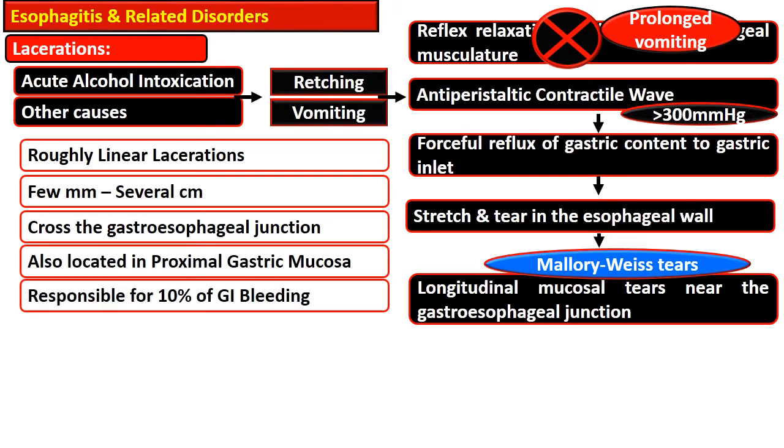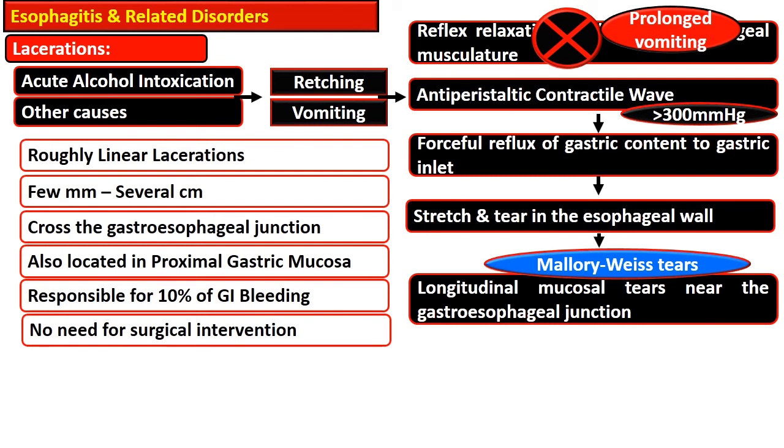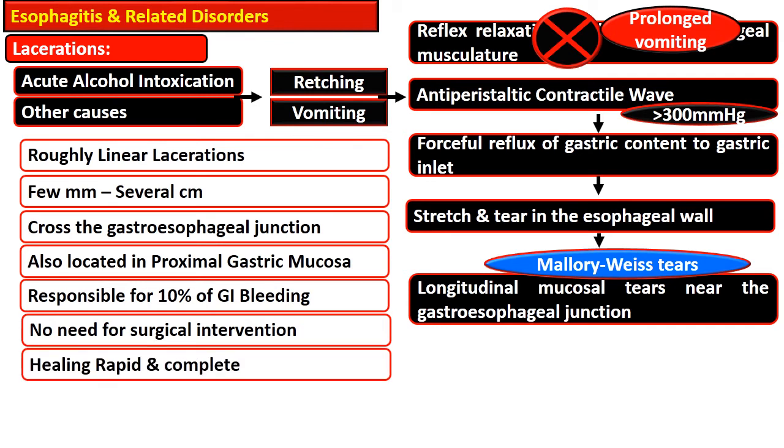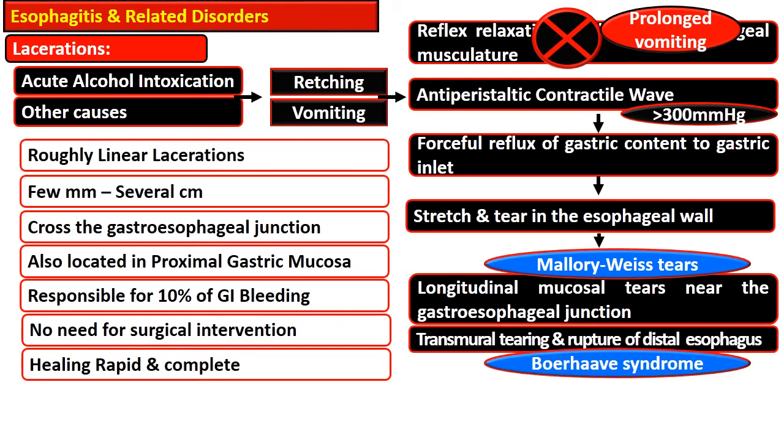They also present in the proximal gastric mucosa, as the pressure comes from the stomach, and they are responsible for 10% of gastrointestinal bleeding.